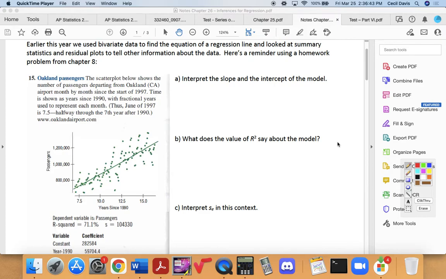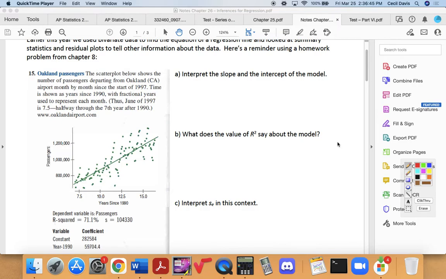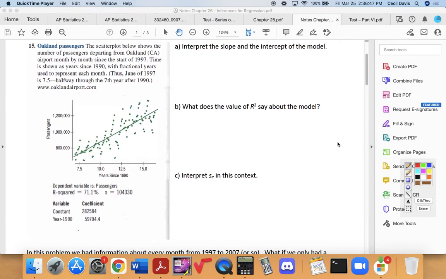Here's a reminder using a homework problem from chapter 8. We've got this Oakland passengers problem. The scatter plot below shows the number of passengers departing from Oakland, California airport month by month since the start of 1997. Time is shown in years since 1990 with fractional years.